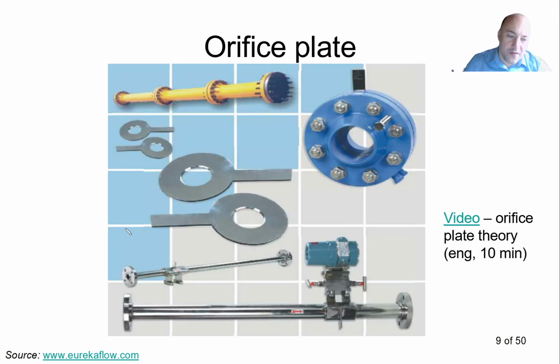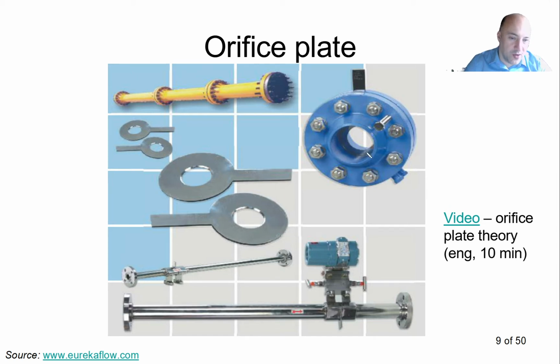Here you see a few examples of an orifice plate. The orifice plate is shown here. It's just a sheet of metal, and here we have the specific geometry, specific angles and edge bevels that fulfill the standards. Here you can see the orifice plate installed in an armature.